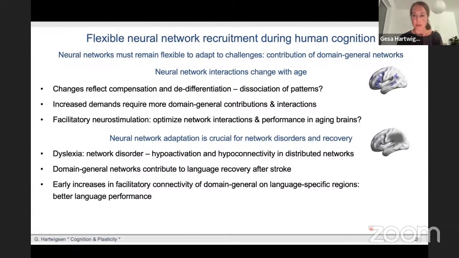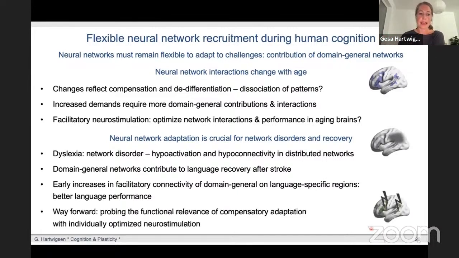And the next step is to show how this is associated with recovery, not only with the preserved performance, but with the changes in the recovery score from the acute to the subacute to the chronic phase. And finally, a way forward that I didn't elucidate here will be to probe the functional relevance of this compensatory adaptation.